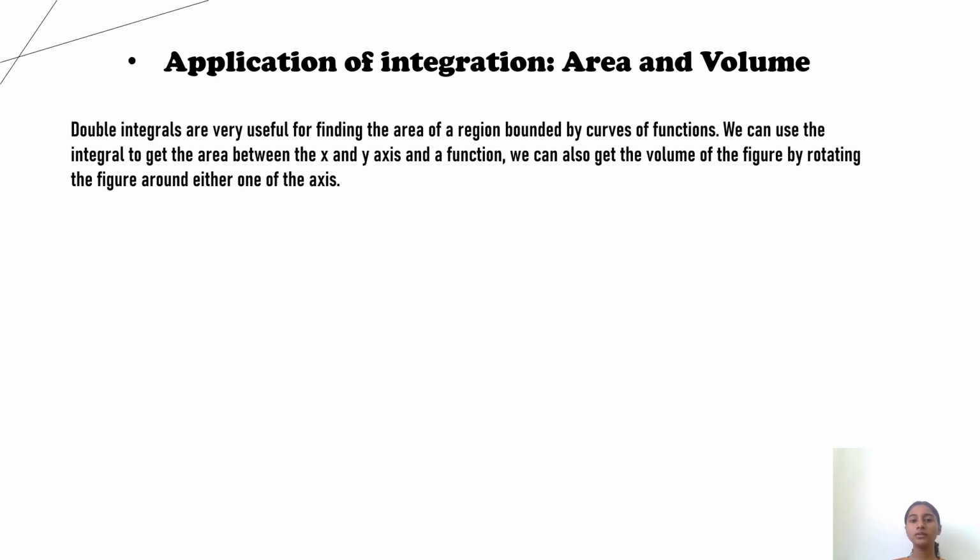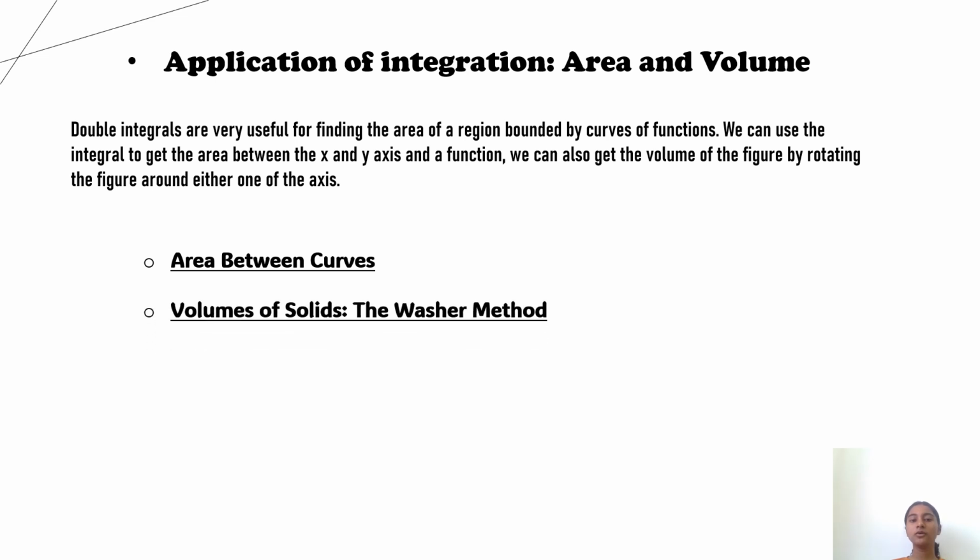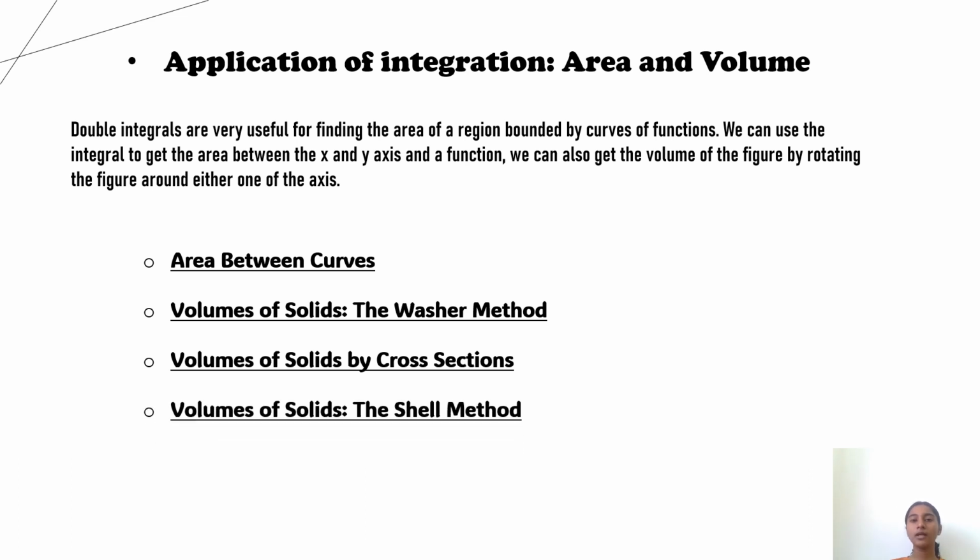We can use the integrals to find the area between curves. Then we can use the integrals to find the volumes of solids by the washer method, by the cross-section method, by the shell method, and also by the disk method. These are the applications of integration.